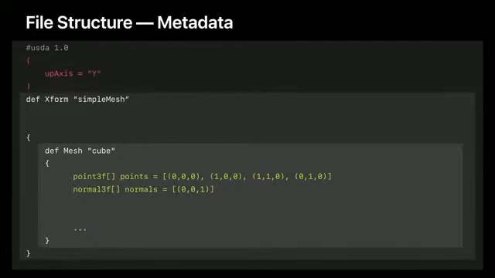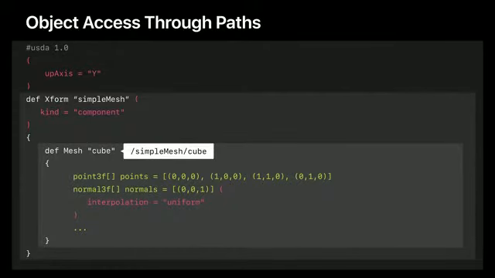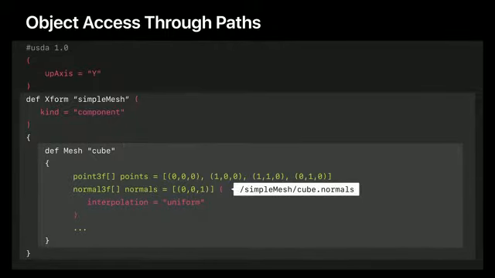And there's a set of metadata attached to file level, prim level, or property level. Because of the nested structure, every object can be accessed through an object path. In this case, the prim cube is nested under simple mesh, so its path becomes /simplemesh/cube. This also works with properties, with the dot notation.